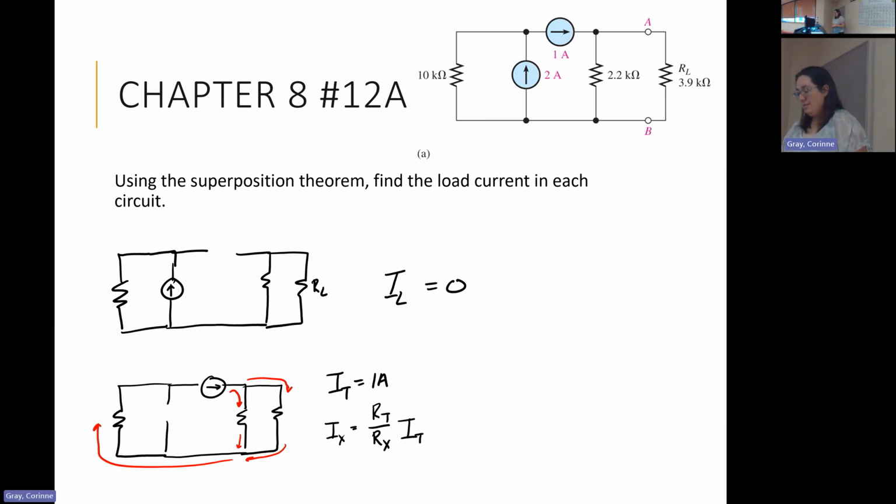So what I want you to do is decide if you want to use this equation, or in this case, let's just call this one R here. If we use R over RX, or sorry, RL plus R. So decide which one of these you want to use, plug it into your equation and see what you end up getting for your current.